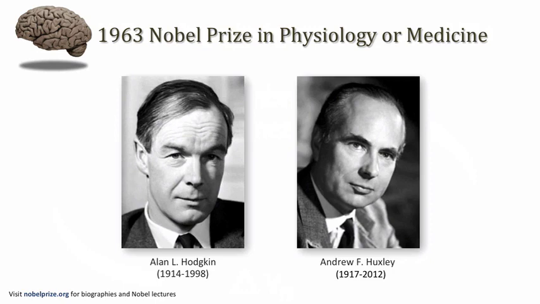This work was recognized by the Nobel Committee in 1963, when together with Sir John Eccles, an Australian scientist, they were awarded the Nobel Prize in Physiology and Medicine. I would encourage you to read about their biographies, including that of Dr. Eccles, at nobelprize.org, where you can also find their Nobel lectures.